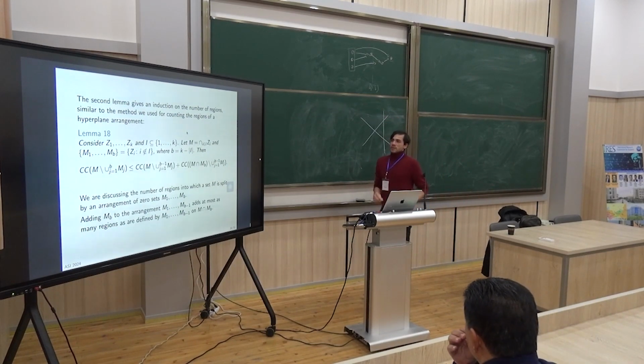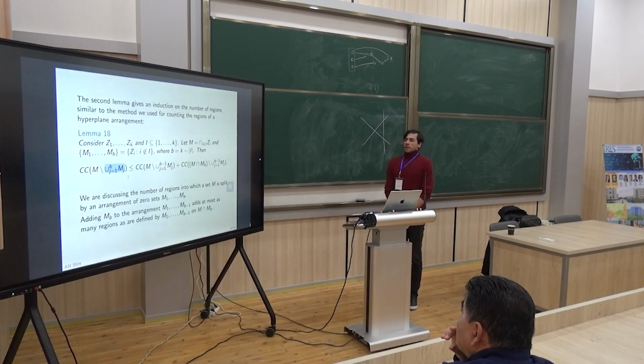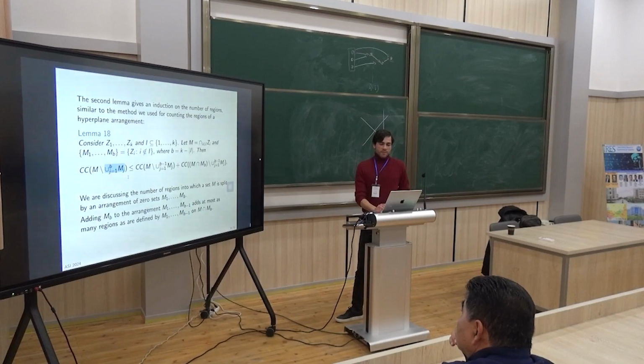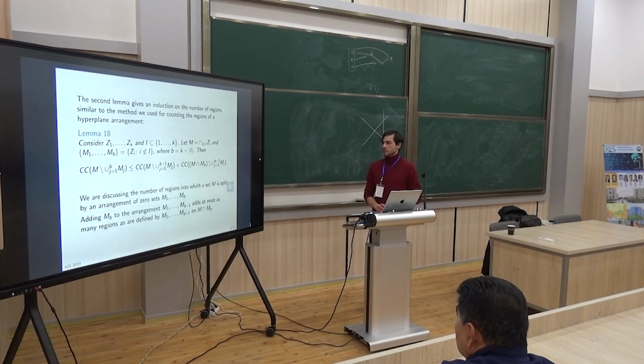And we're going to do something very similar over here. So here on the left-hand side is how many connected components we get when we remove the surfaces. And the statement is that that's going to be bounded from above by whatever we had when we only remove b minus 1 surfaces, plus something else, which is: take the bth surface and remove from it the b minus 1 surfaces.